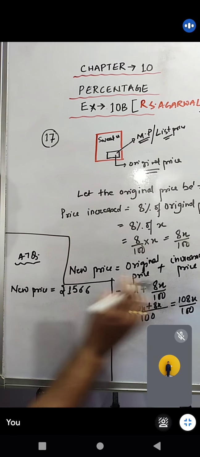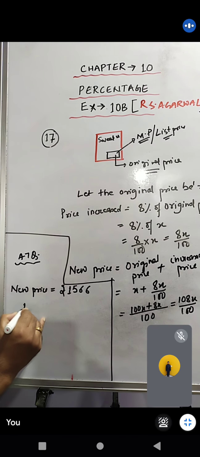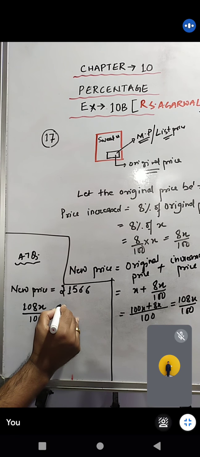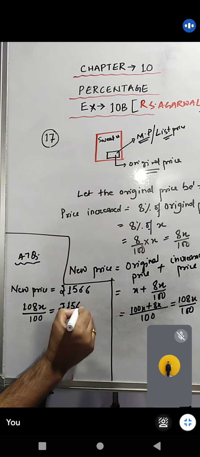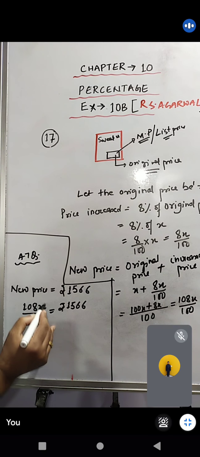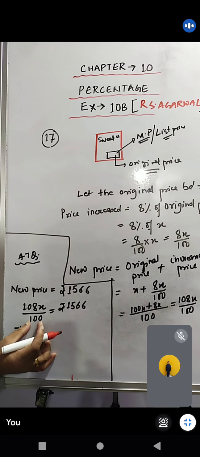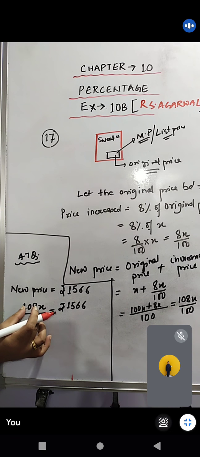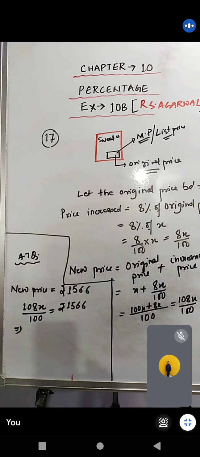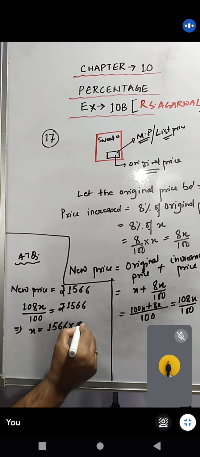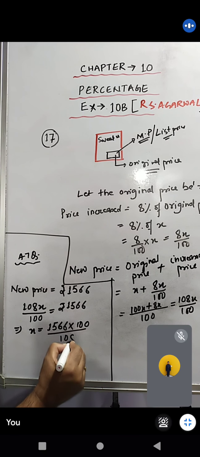So we'll compare these two values so that we can find out the value of x. So 108x by 100 would be equal to rupees 1566. Now to get the value of x, if I have to know the value of x, what do I have to do? I have to transpose this 100 and 108 towards the right hand side. So x would be equal to 1566 into 100 by 108.